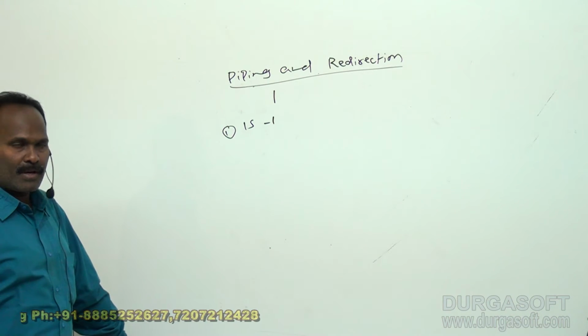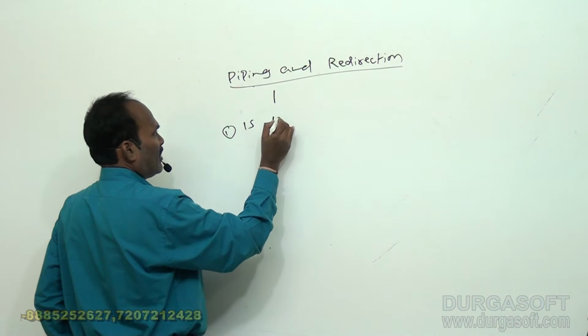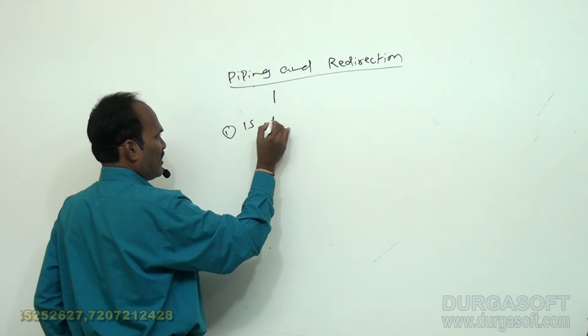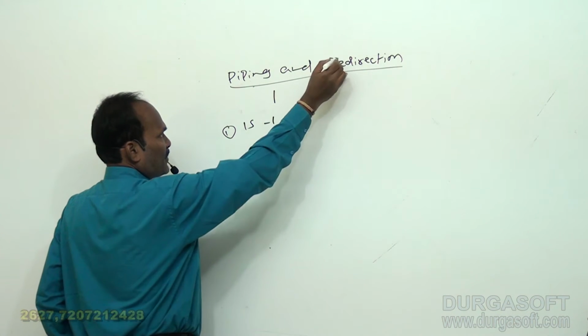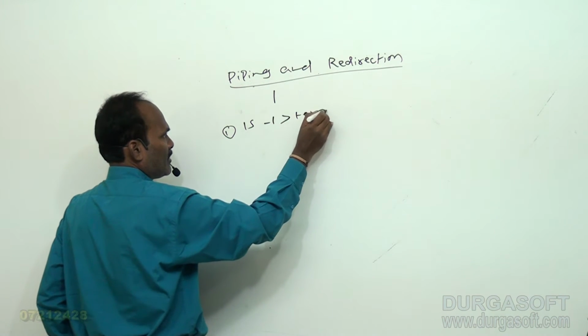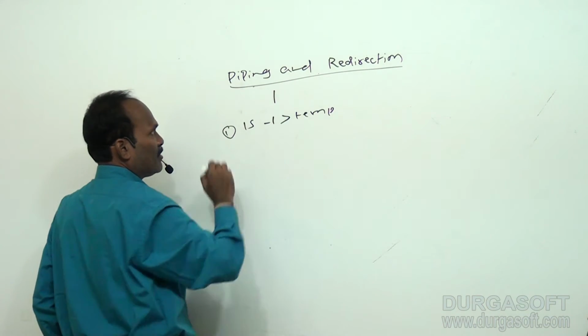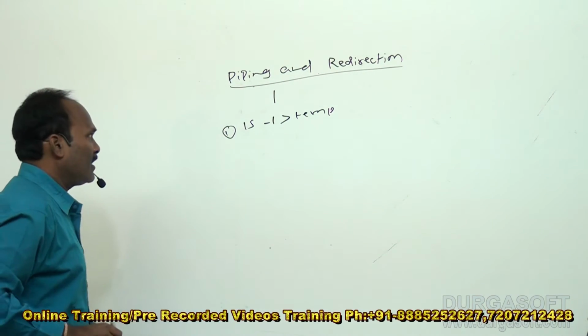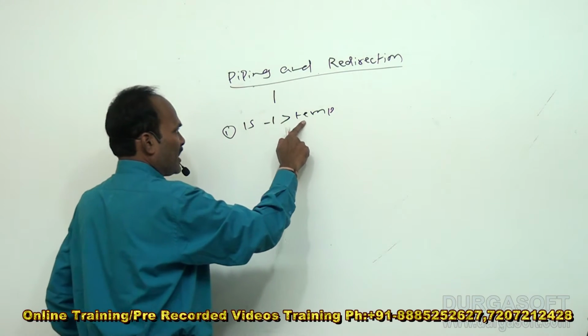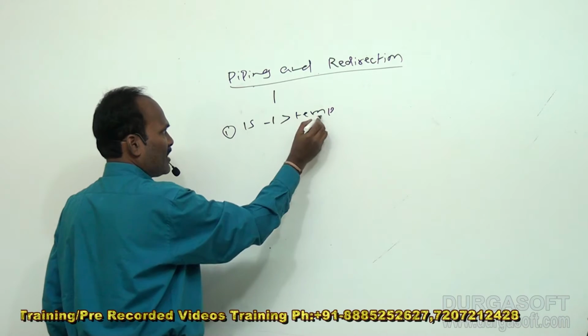Now I want to redirect this output to some other file, like temp. I am first explaining redirection, and after that I will come to piping. ls -l >> temp means the output of ls -l will be redirected to temp.